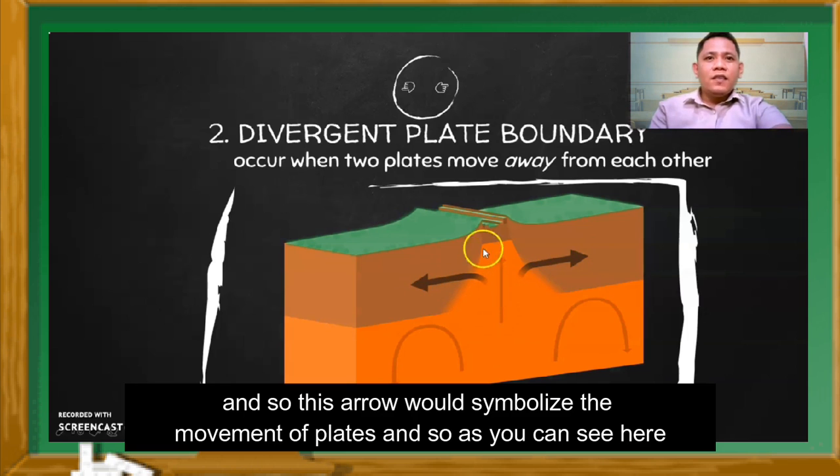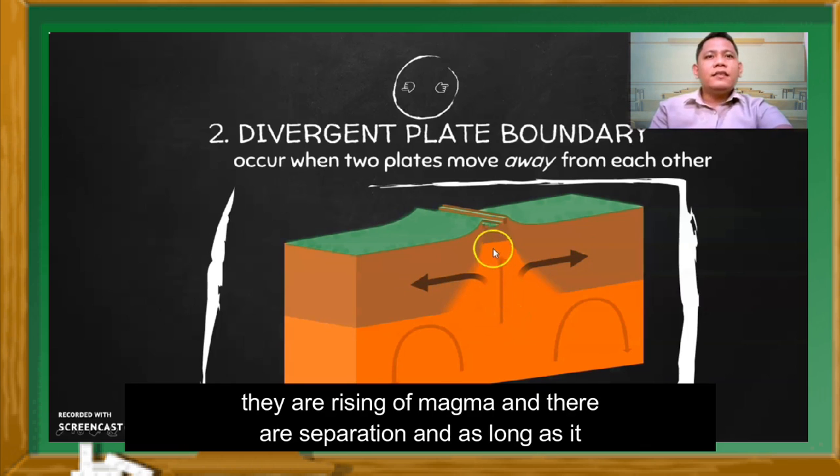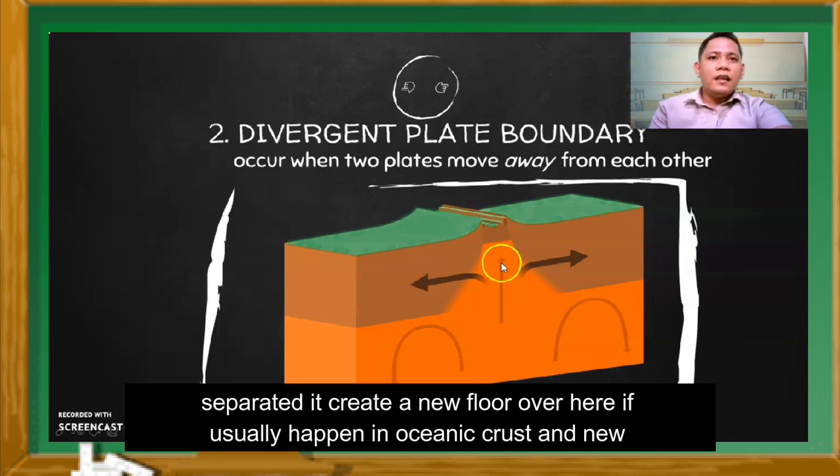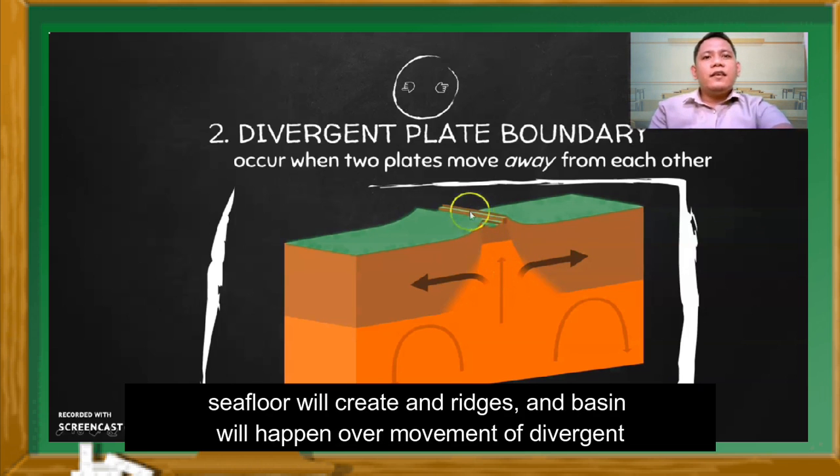As you can see here, there is a rising of magma and there is separation. As long as it is separated, it creates a new floor over here. It usually happens in oceanic crust, and the new sea floor will create mid-ocean ridges, and basins will form over the movement of divergence.